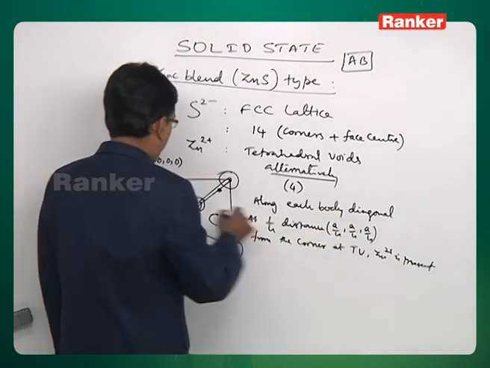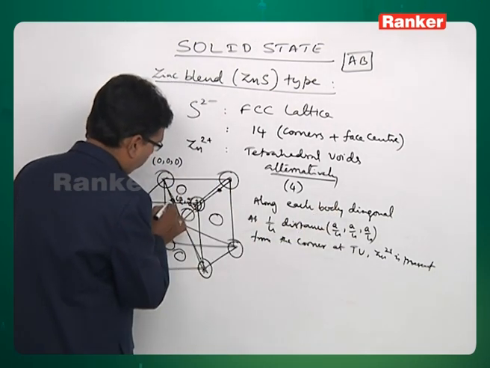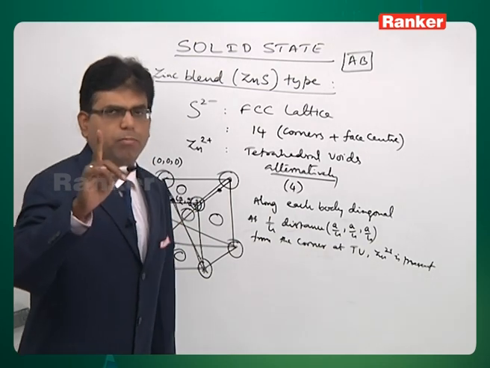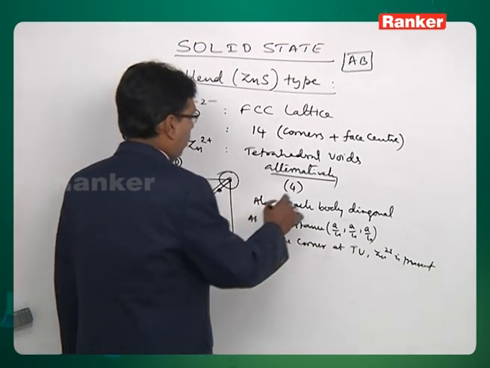Along each body diagonal, here you will have one, here you will have one, but it will be present only at one place. So, the number of tetrahedral voids occupied will be 4.